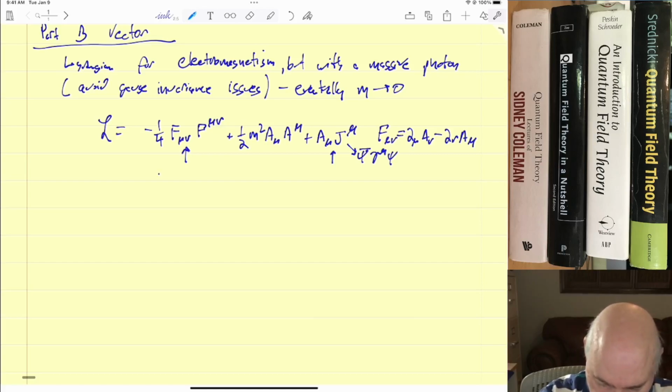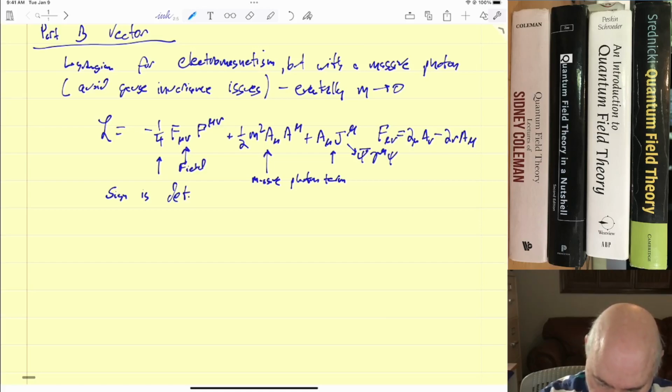Now the sign of this term is determined, and this is the massive photon term. This is the field term.